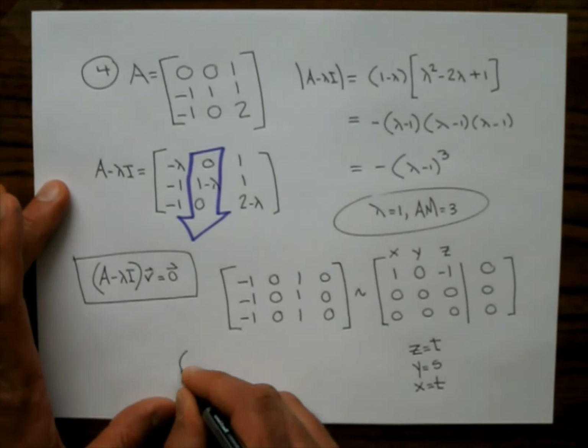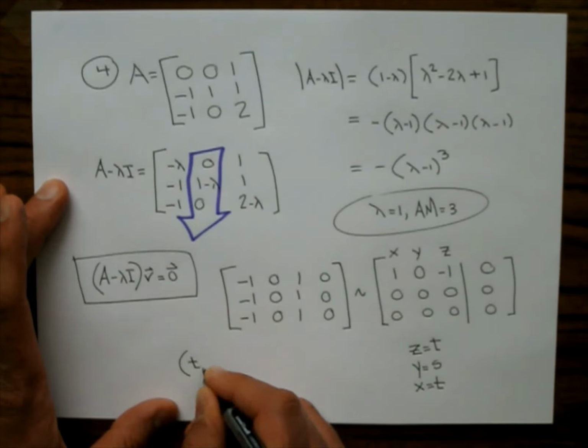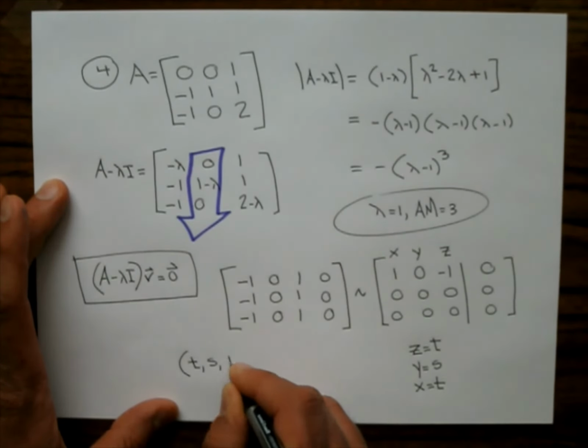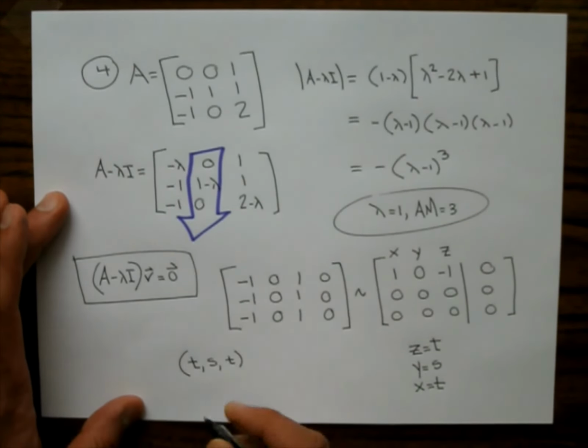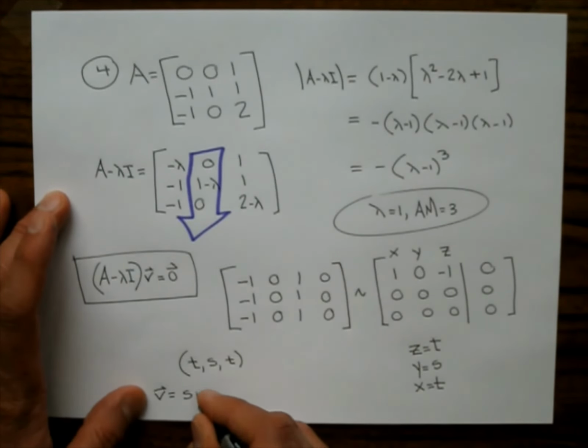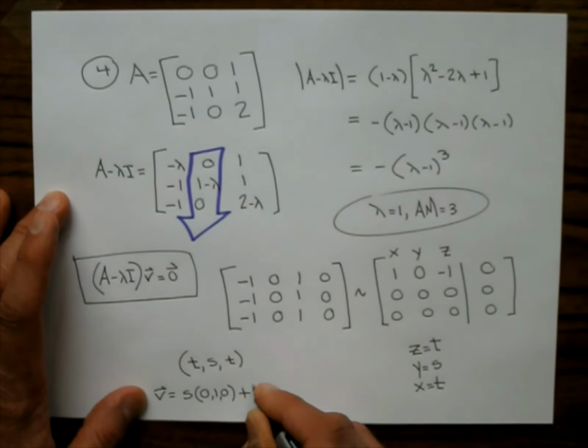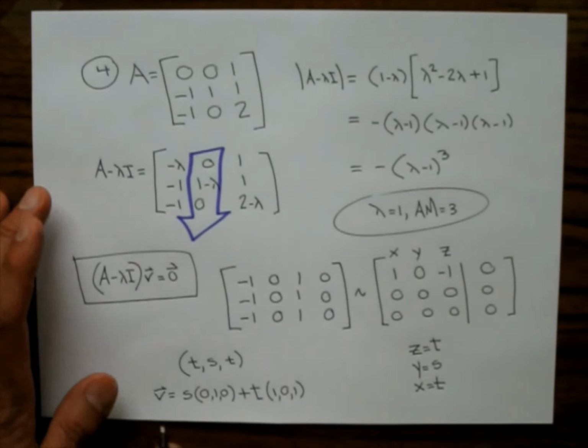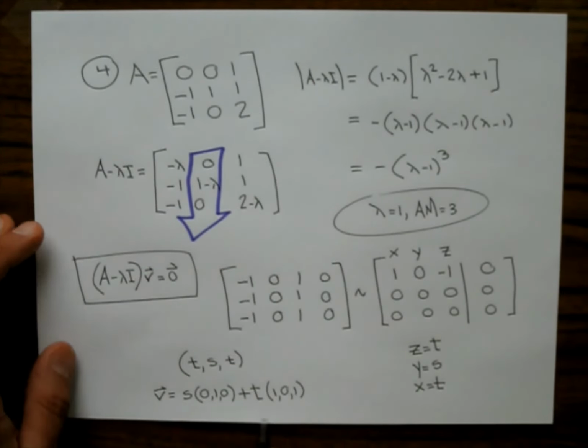So basically your eigenvectors look like t, s, t. Or you can look at it like this. This is s times 0, 1, 0 plus t times 1, 0, 1. And the eigenvector cannot equal the 0 vector. And so there it is.